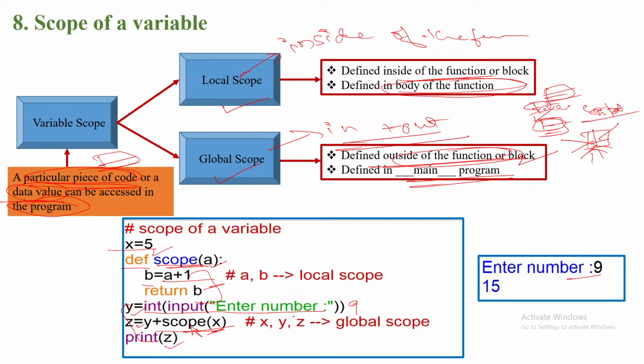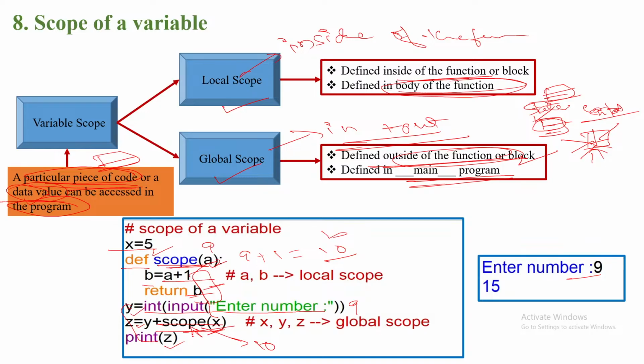Okay. And this one, scope(X) means this X, where will it go? Here. So then what is the A value? 9. So A plus 1, B equal to A plus 1. So A plus 1 is what? 9 plus 1, it will come to 10. So B value is 10. Return B. So return B means scope(X). So here what value will come? 10. Okay. And Y value is what? Y plus scope(X) we have done.